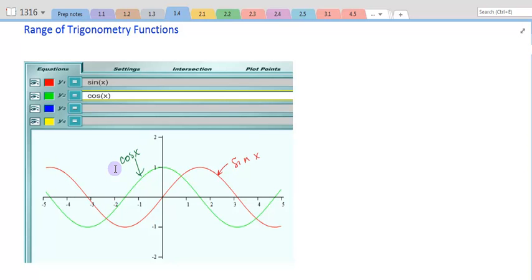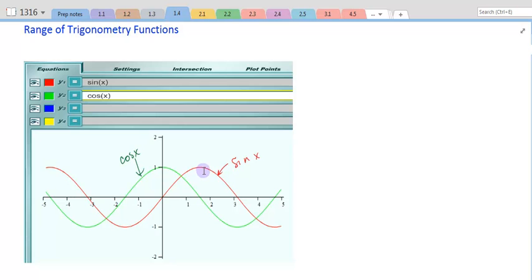And if you notice, range is going to be the possible outcome values, or my possible y values. Notice that the possible y values for both sine and cosine bounce back and forth between negative and positive 1. I've got a negative 1 down here, I peak at positive 1, same thing for sine.